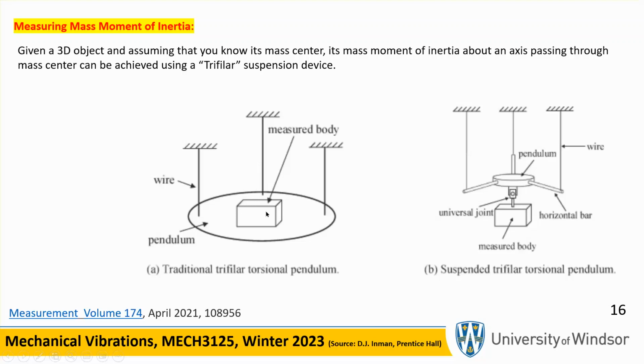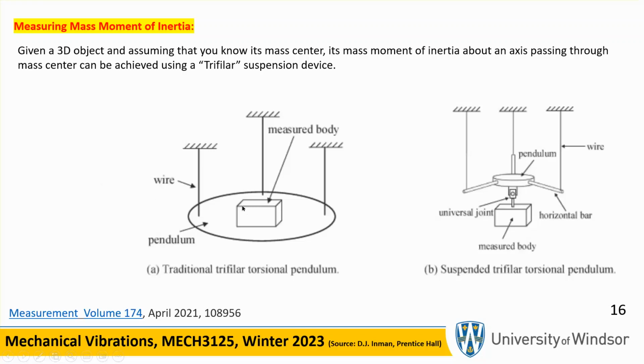So we place it there, and we want to find the mass moment of inertia about this vertical axis passing through the center of the disk, which immediately above it is the mass center of this three-dimensional object. Okay. All right.